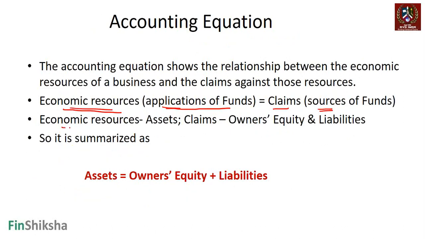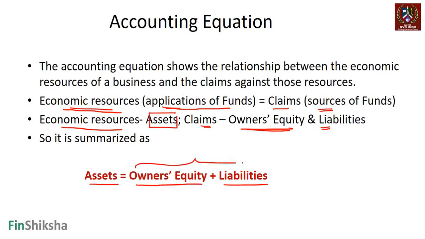So obviously, economic resources will be your assets. The claims would be either owner's equity, which is in a sense a liability, and all external liabilities. So I say owner's equity and external liabilities, which basically means that the assets that a business has should be equal to owner's equity plus external liabilities.